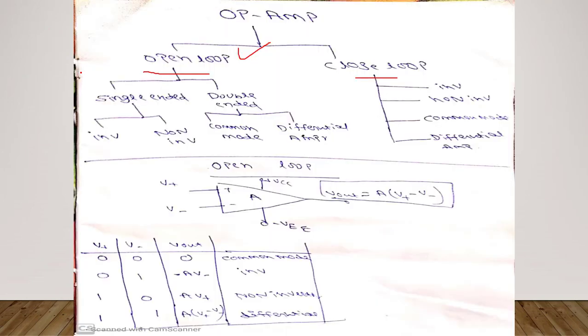If I want to change the gain, then I have to use closed loop. Already I told you, in closed loop you are using RF and R1. If you change the RF and R1 values, you can change the gain value. So the main reason we are using closed loop is that we can control the gain. In open loop, we cannot control the gain.